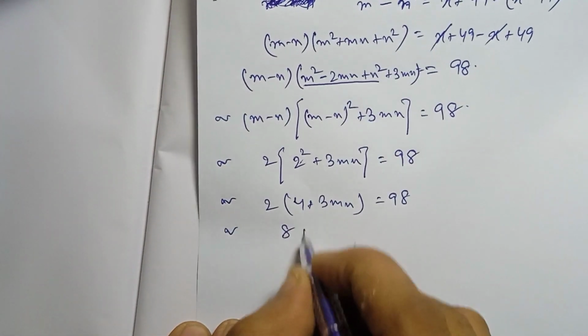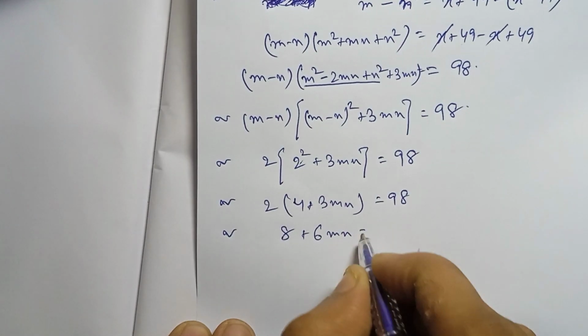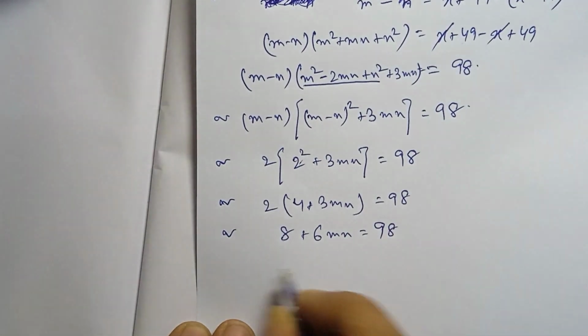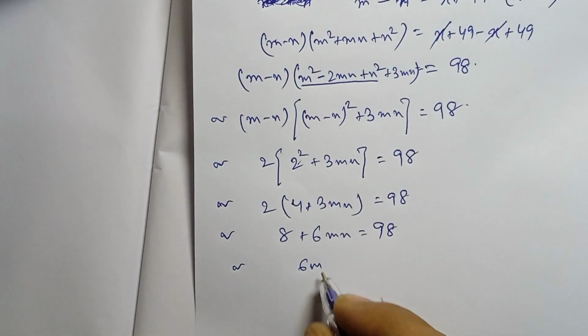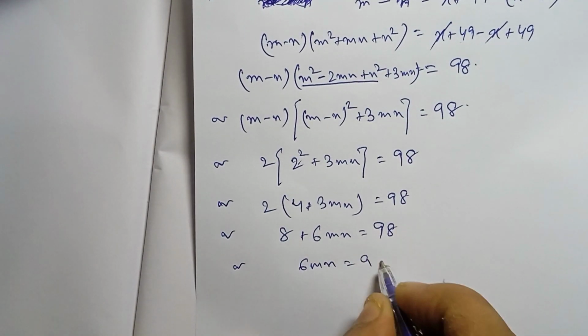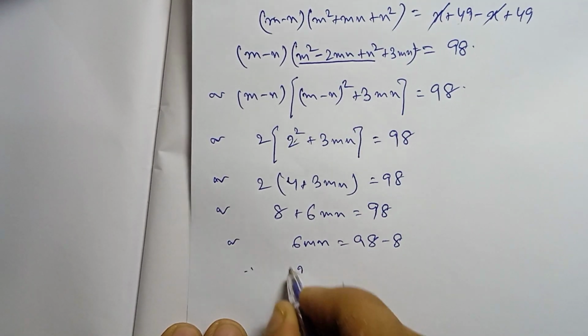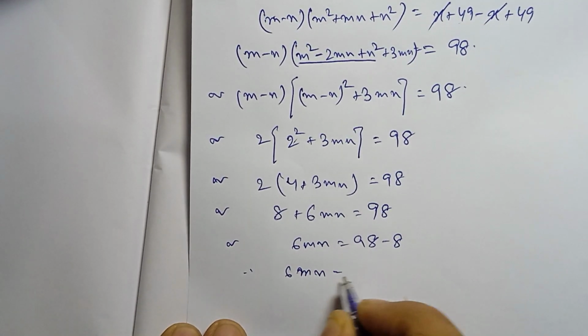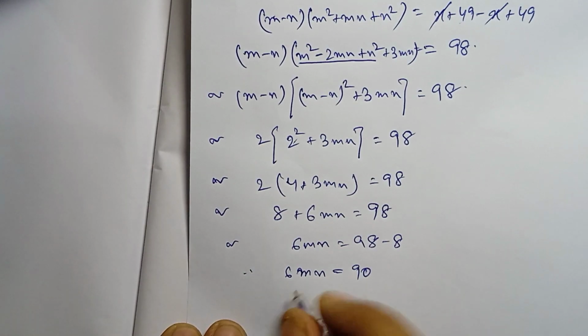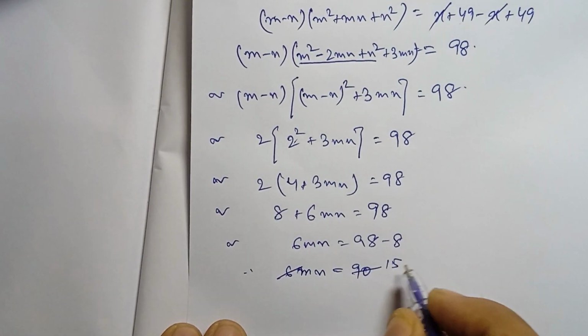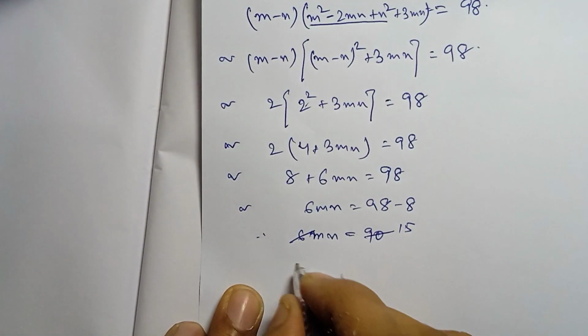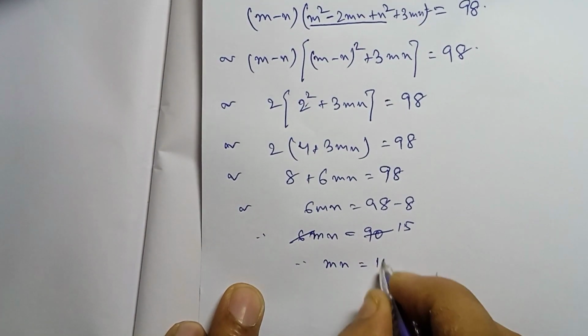It will be 8 plus 6mn is equal to 98. Take the 8 to the right side. 98 minus 8, so therefore 6mn is equal to 90. Just cut it, it will be into 15. Therefore mn is equal to 15.